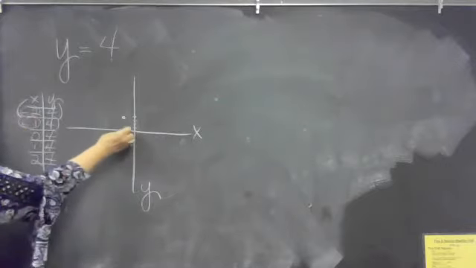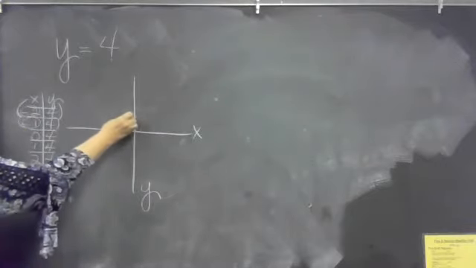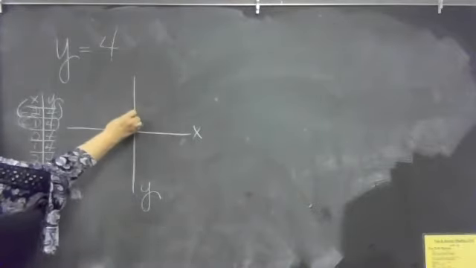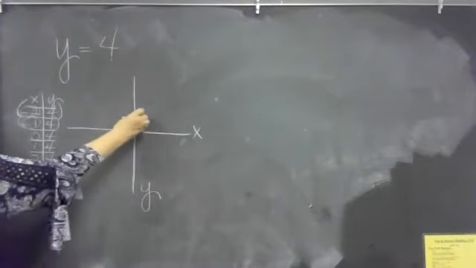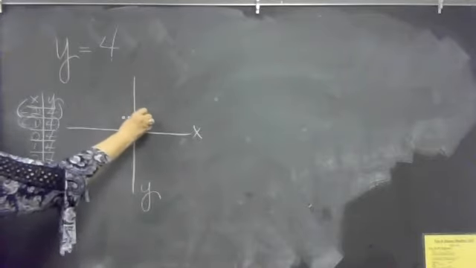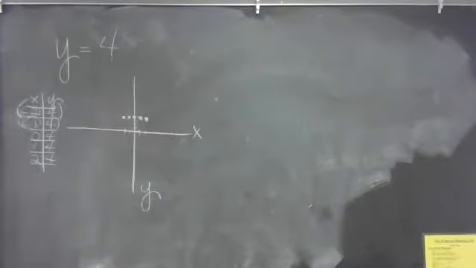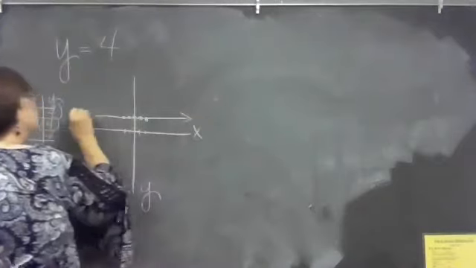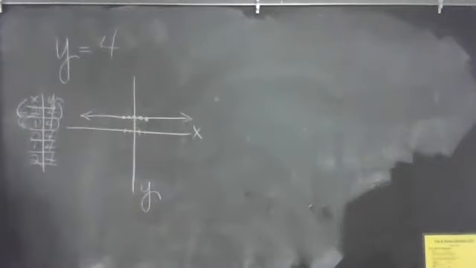I'm going to go -1, 4. 0, 4. 1, 4. 2, 4. And then when you join those points, you notice that your line is a horizontal line.